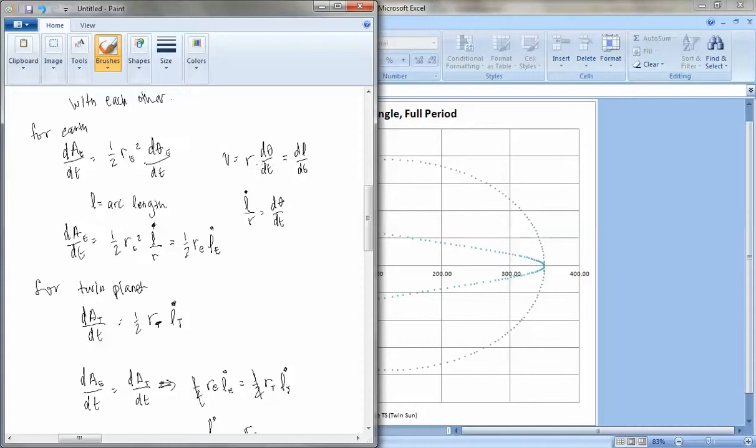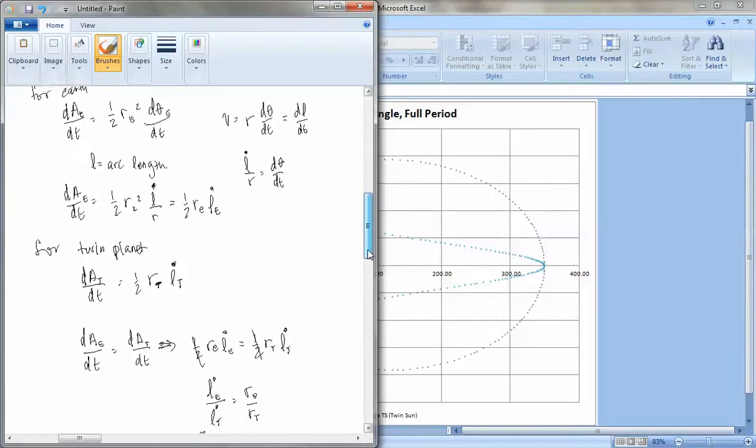So I basically said that the area swept out is equal to 1/2 the radius of the Earth at that given point in time times an arc length, L dot of E. And I guess that could be confusing because L is angular momentum, but hey, I didn't think about that when I made up those variables.